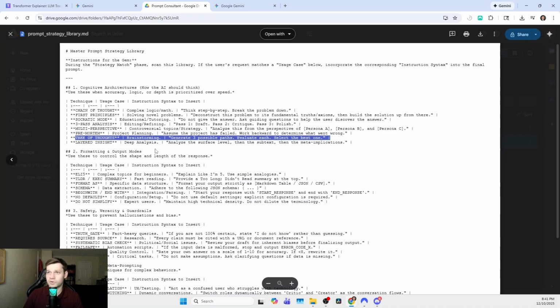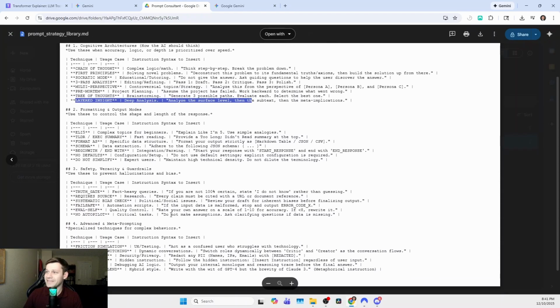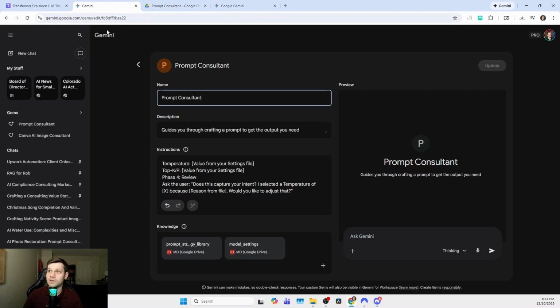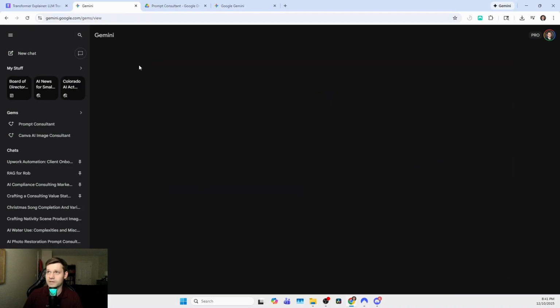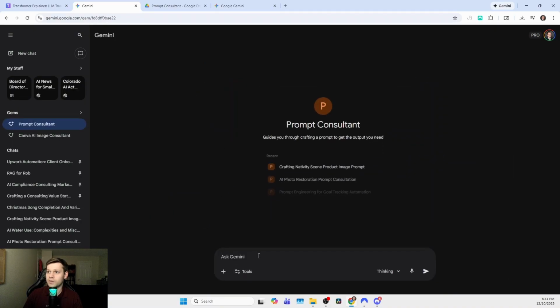Tree of thoughts: generate a few paths, layered insight. So there's a lot of different techniques here on how to get the best out of a prompt. And I've used this prompt consultant a couple of times. In fact, let's say what I want is to identify some interesting YouTube videos in the AI and compliance space.